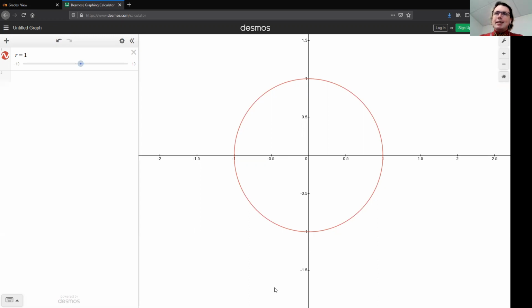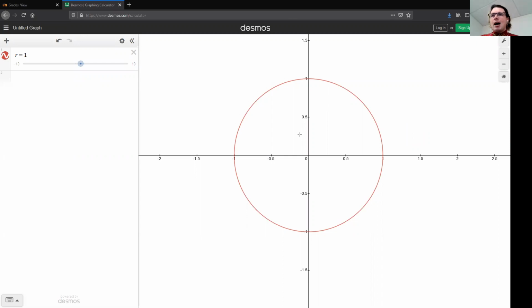But that idea is not as helpful in polar coordinates. So the reason I've chosen a circle here to start out with is to help illustrate an easier way of finding area underneath polar curves.